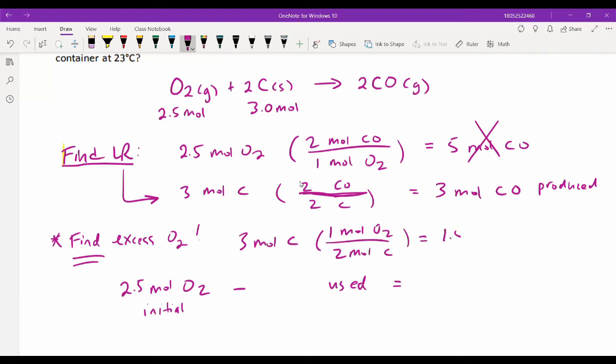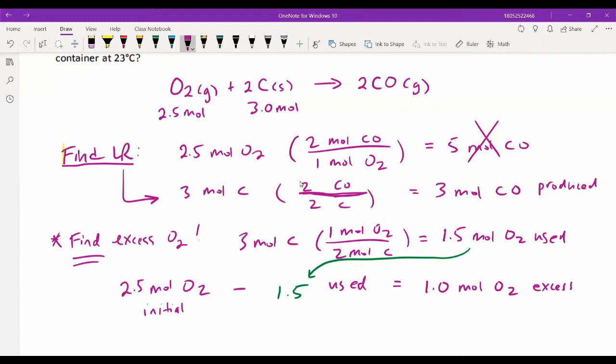So we're going to use 1.5 moles of oxygen. And that's going to go here. So then we get 1 mole O2 excess left over.